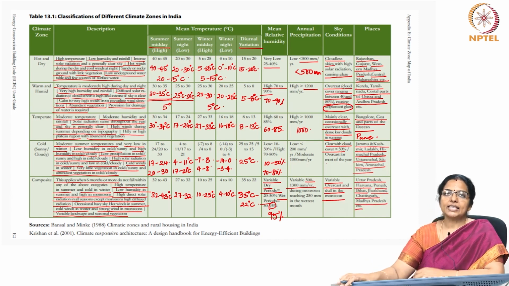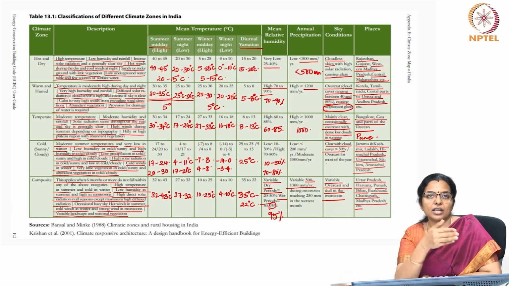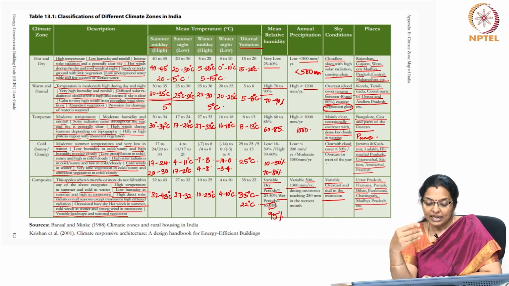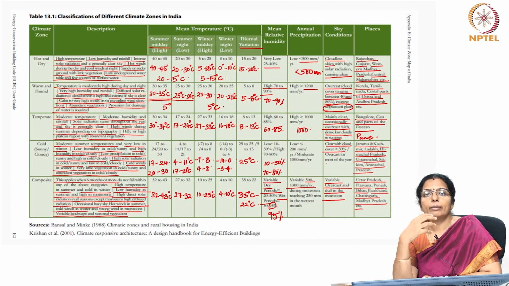So, we can see how these climate characteristics are associated with climate type. But you should also interpret what impact this has on building materials. Places which have extremely high or high diurnal variation, like composite climate or hot and dry climate, one has to be very careful in the choice of building materials, because the building material is subjected to extreme temperature ranges within a year, year on year.